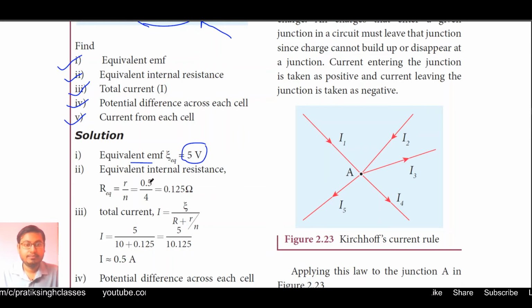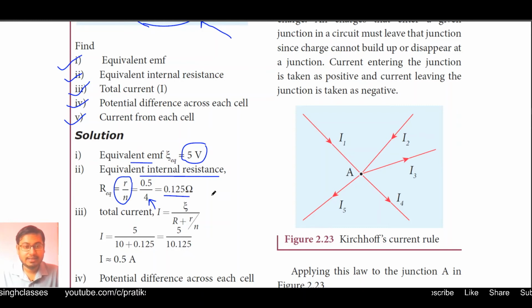Then the internal resistance is equal to r by n, so it is 0.5 ohm divided by the number of cells. It is 4 here, so it will give you 0.125 ohm.